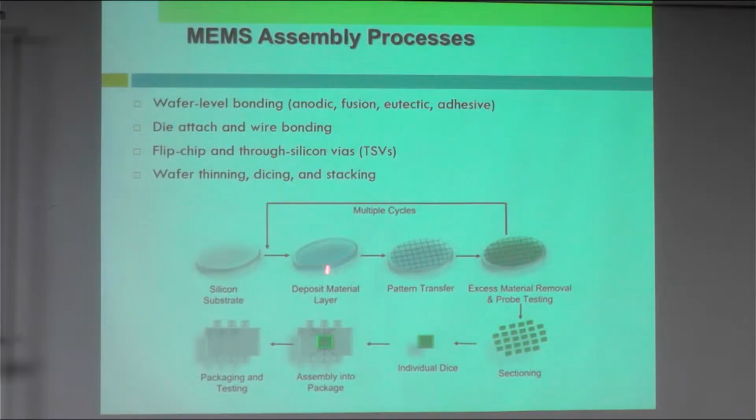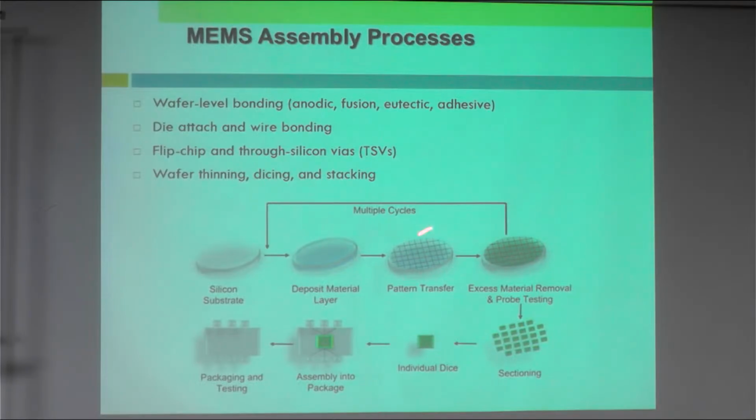Die attach and wire bonding can be done, as I mentioned before. You do wire bonding to integrate the electrical circuitry. Then we have flip chip and through silicon via, which we are going to look at, and wafer thinning, dicing and stacking. So this is a typical process of MEMS. You have a silicon substrate, as we have learned before, and deposit a material layer.